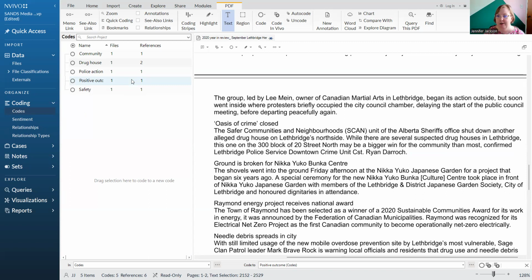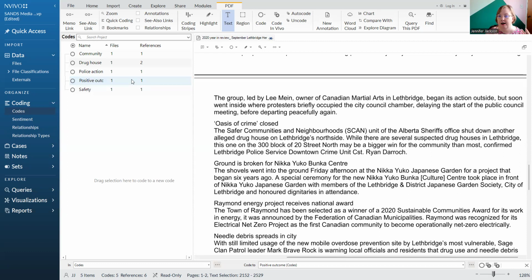Because here, people with addictions don't exist. We're talking about physical structures, and the police are people, but the people who might have been in this house are not people. So what does that tell us about who's important in this scenario? What does it tell us about who has power?